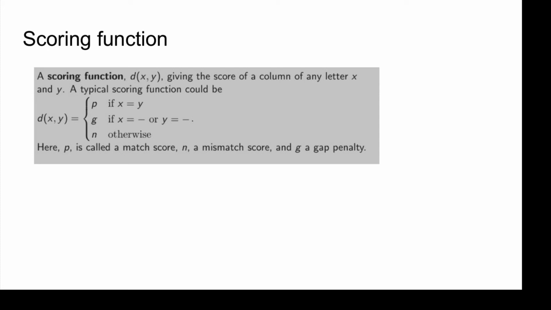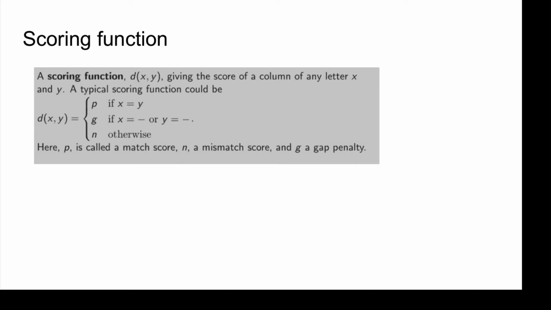There are many different variants of this, but one typical scoring function could be that if the letters are the same, then you give a match score for this position.